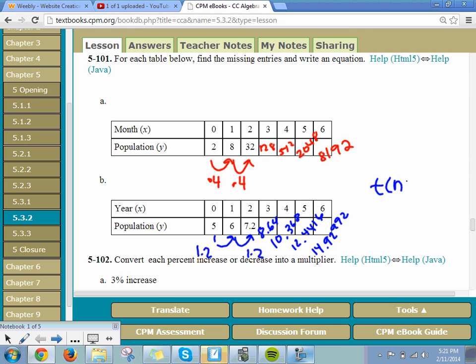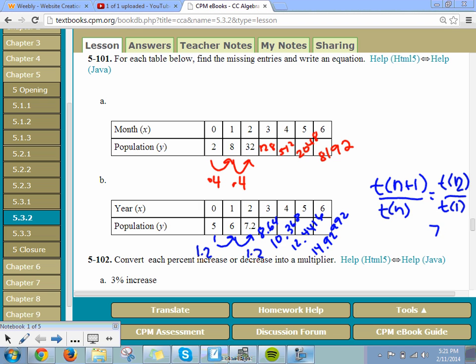So if we know T of n plus 1 divided by T of n, for example, T of 2 divided by T of 1, our 6 divided by 5, my bad, will give us whatever our multiplier is. And that's how we figure out 101.